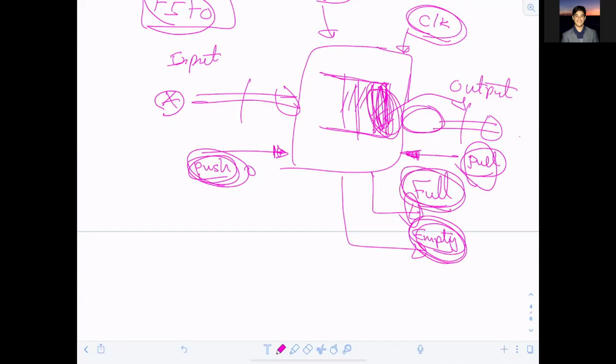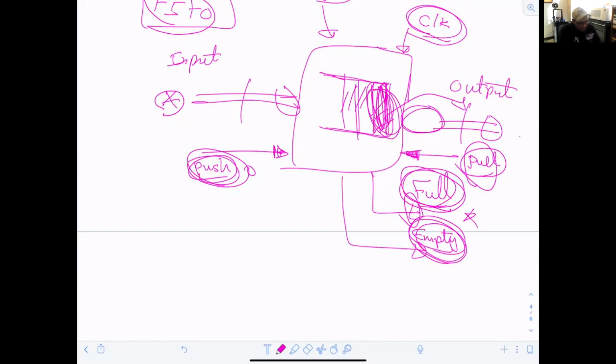But if I see full high, that means internally I cannot push anymore until this flag goes down. That means there is another location that can host my data. Okay, got it. That makes sense? Yes, thank you.